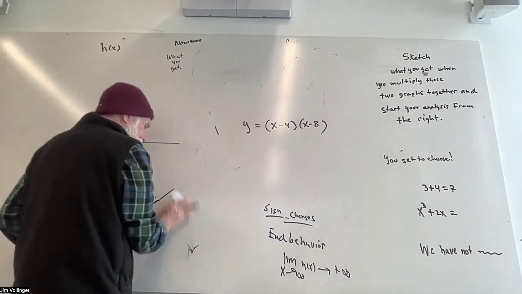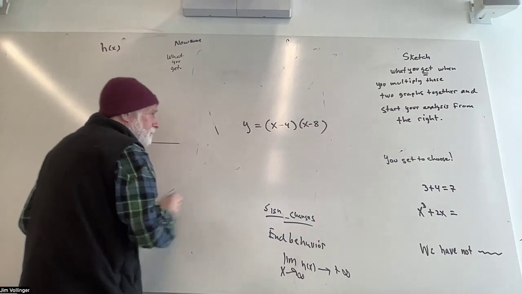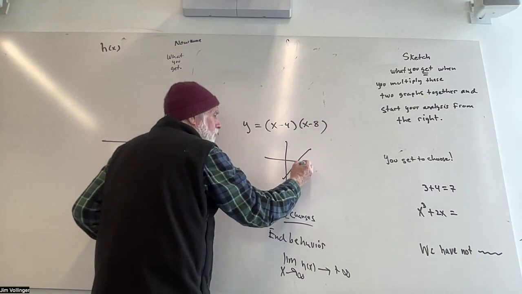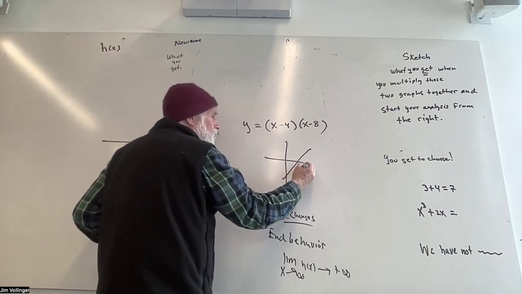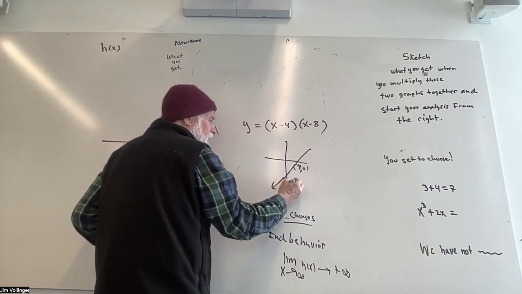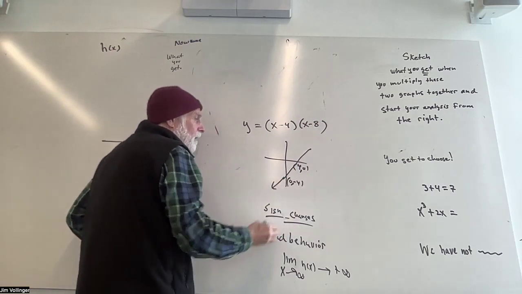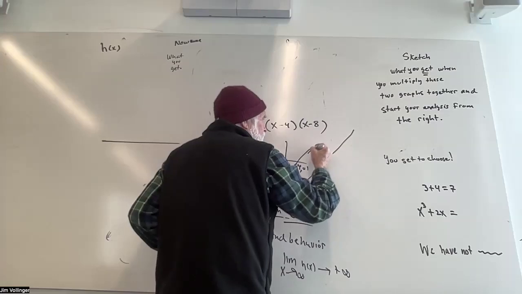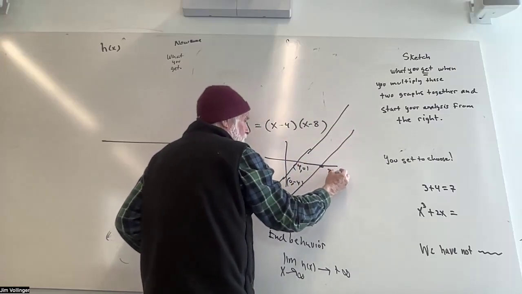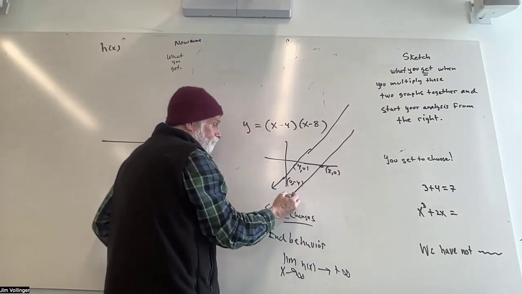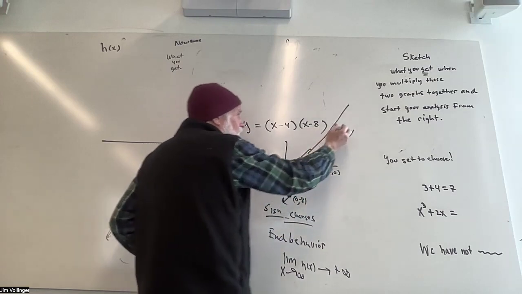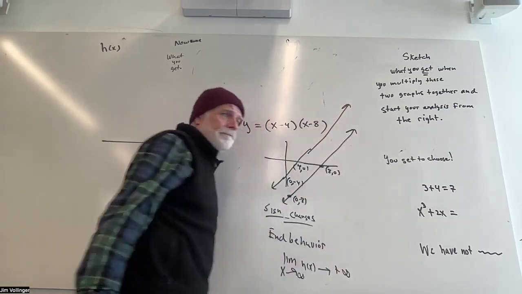That's a line. Y-intercept negative 4. X-intercept 4, goes through 4, 0. Goes through 0, negative 4. And then we had another one parallel to it that goes through 8, 0 and goes through 0, negative 8. And I asked you to multiply 2 lines together.